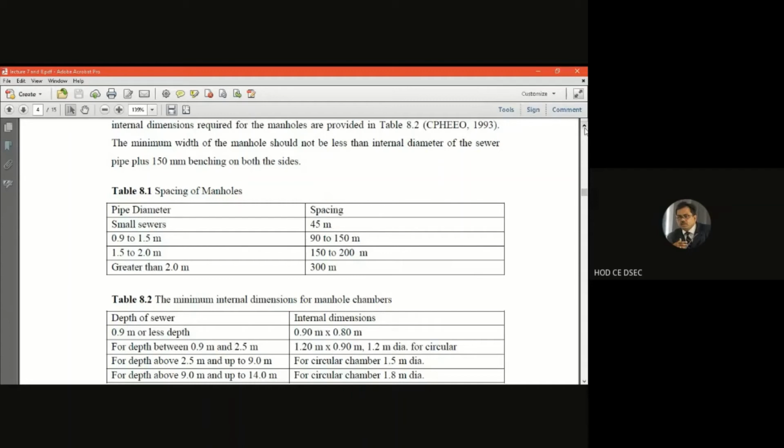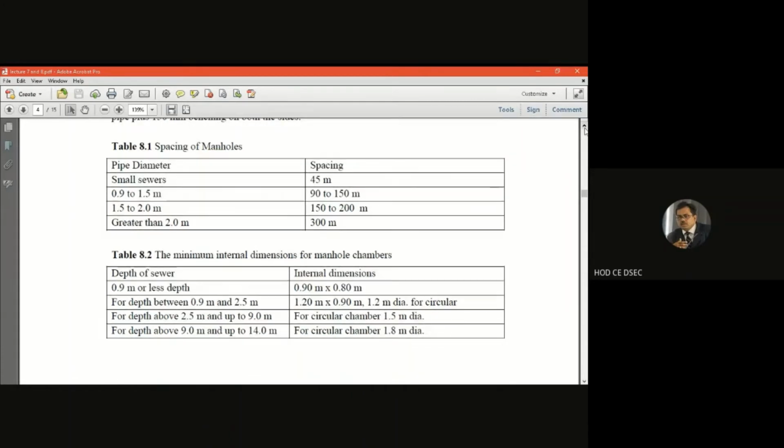For 1.5 meter to 2 meter, the spacing will be 150 to 200 meter, and for greater than 2 meter, the spacing will be 300 meter. So diameter wise, all the sewers have been categorized in 4 categories, and accordingly the spacing has to be determined as I have shown you in the table.